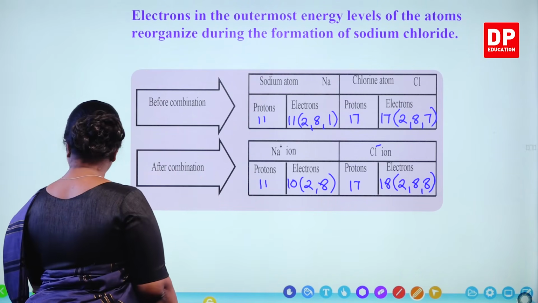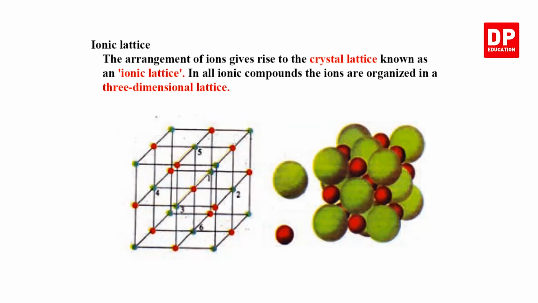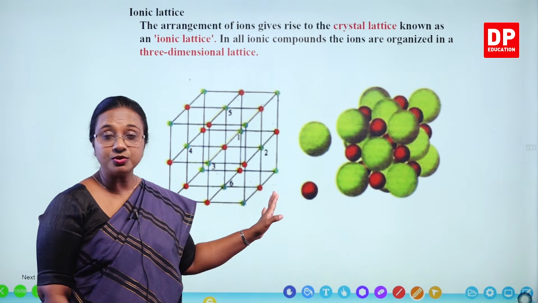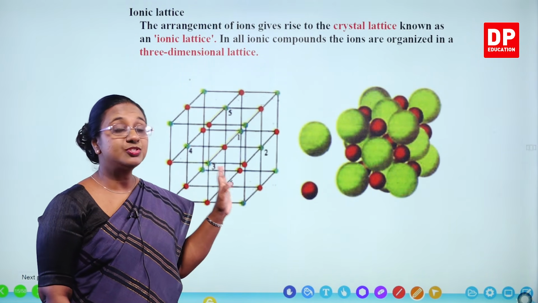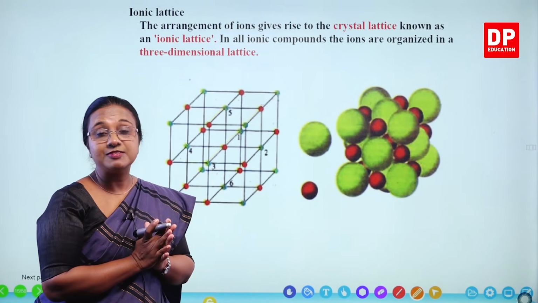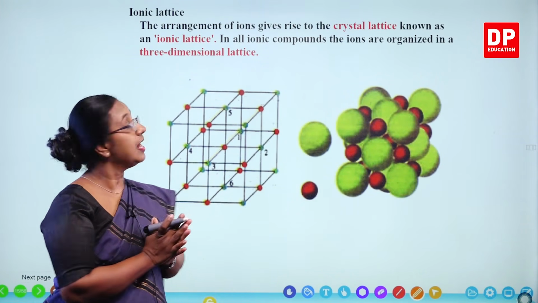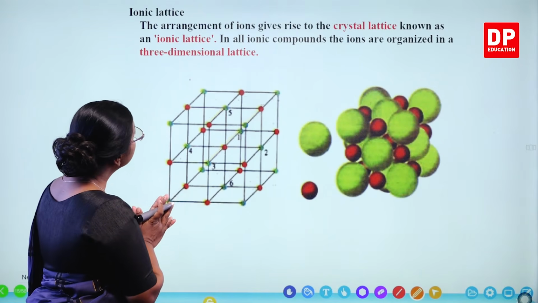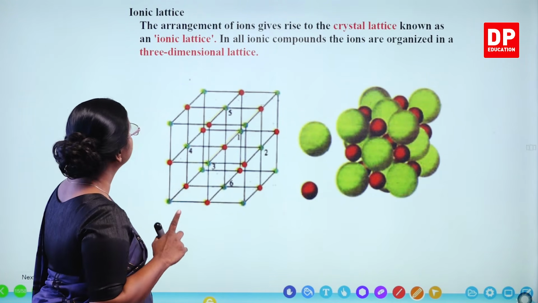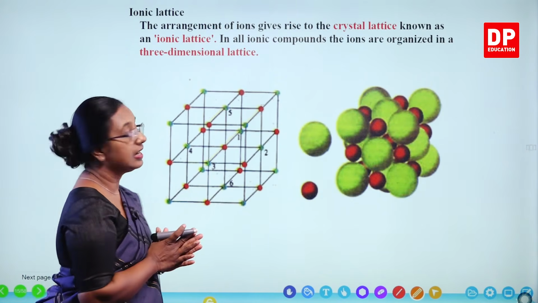With that, I will move on to the next slide. Again, here we discuss the ionic lattice. I explained this to you all before also, how electrostatic charges, since they are point charges, arrange themselves into three-dimensional arrays. So the arrangement of ions gives rise to the crystal lattice known as ionic lattice.